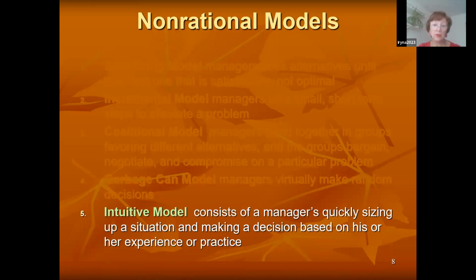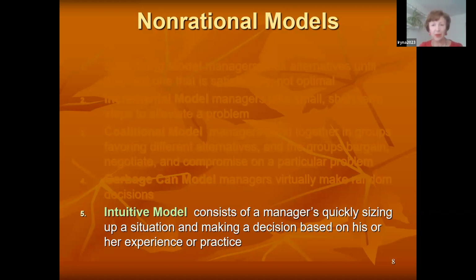Well, intuitive model: a manager makes a decision based on his gut feeling, on his experience or practice, usually without rational analysis. There's interesting research on intuitive decision making, and a few good books.